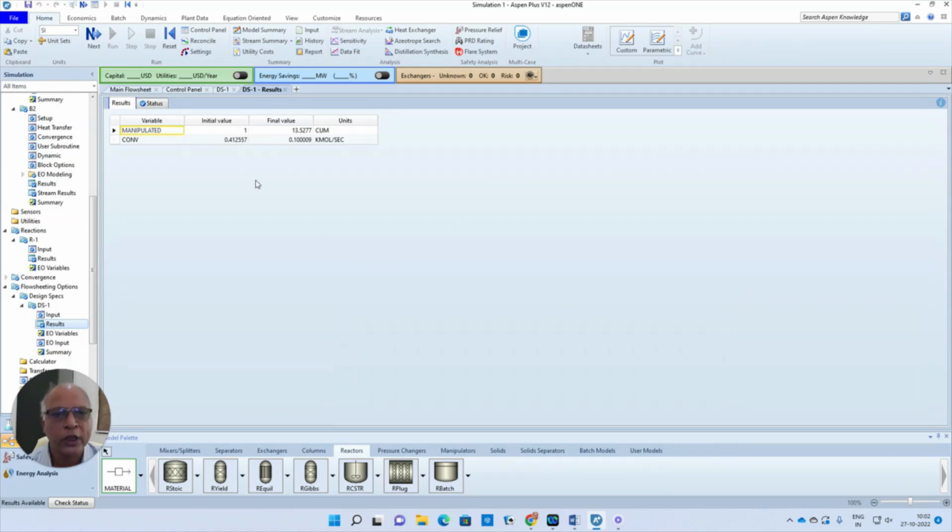See, the problem with design spec is at the maximum you will be able to vary only one variable, right? And we got to a total volume of about 14 cubic meters. We did not address that problem.